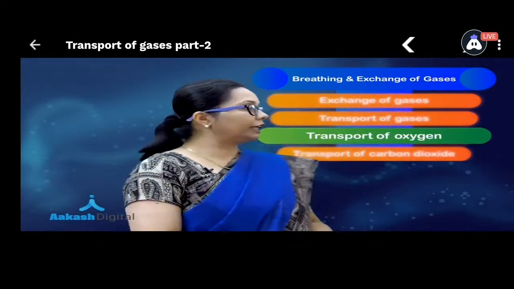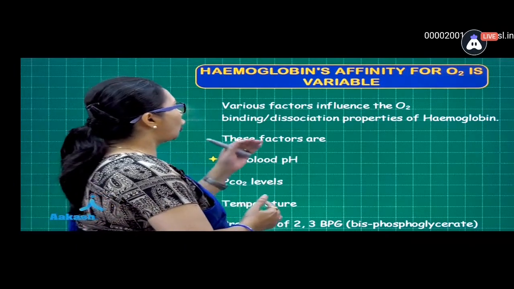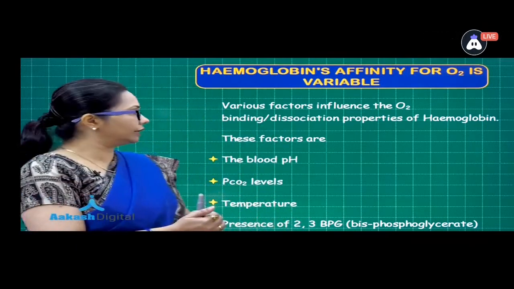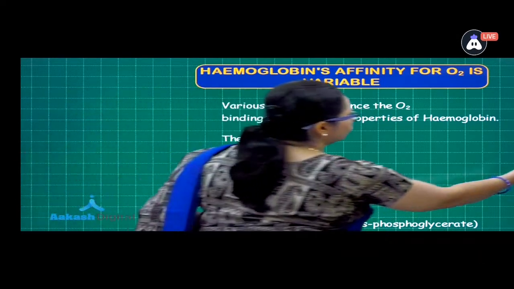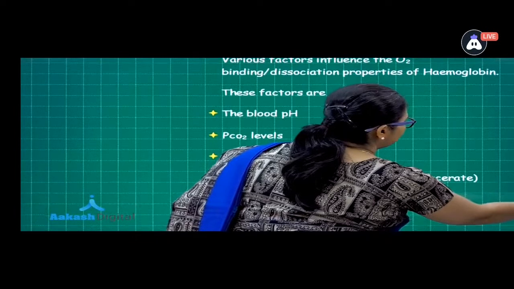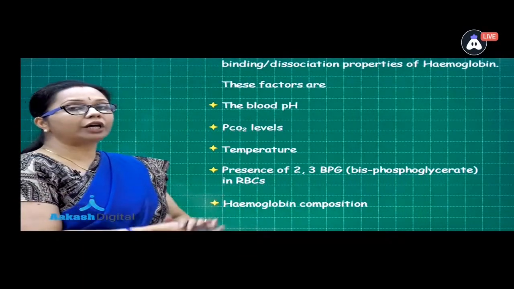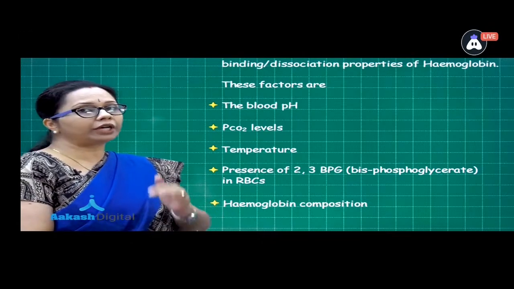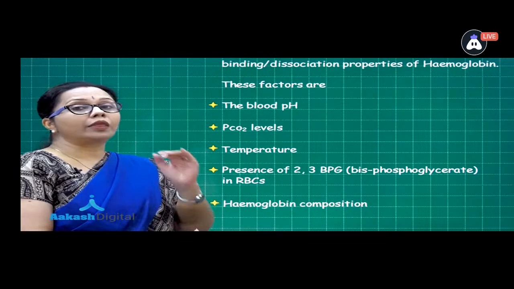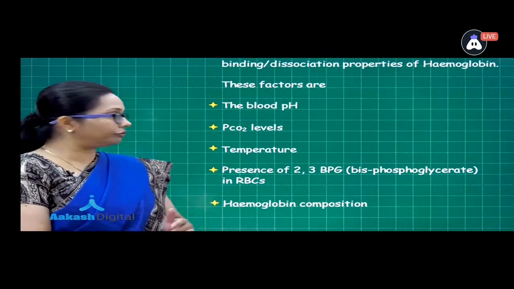The factors that affect the binding capacity of hemoglobin with oxygen. Now there are a number of factors, we can list them out one by one and then we will discuss them. So first of all, the blood pH. We have studied that the normal pH is 7.4, but this pH can change depending on whether there is more of H ions, hydrogen ions, in the blood or less of it.